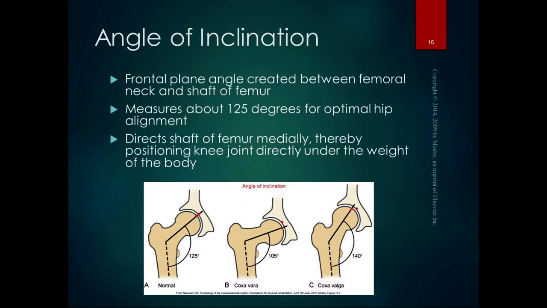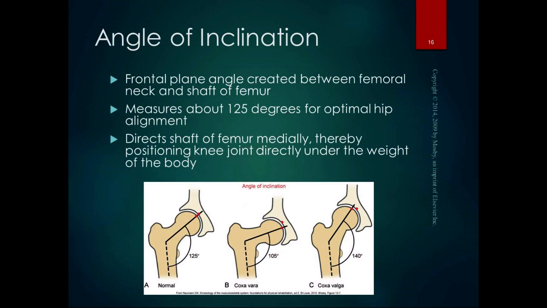As you can see, with the lesser angle of inclination in coxa vara, and likewise with coxa valga, the shaft of the femur is going to have to change position in order to have congruency in the hip joint, and how it changes varies with that angle. We will play with some of the bony models in lab so you can see the changes it makes. So if you have coxa vara, the shaft of your femur is going to have to move medially in order for the head of the femur to articulate congruently with the acetabulum.